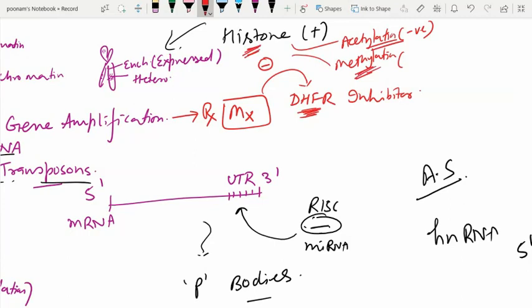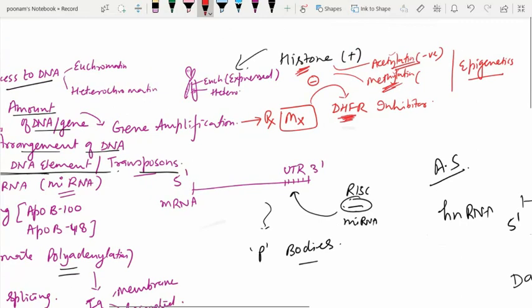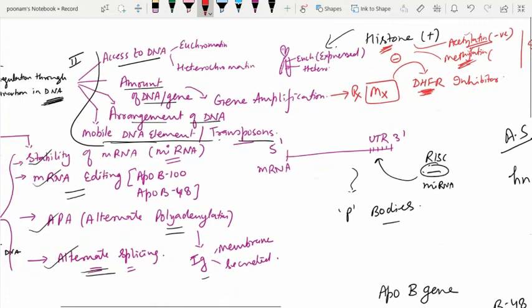So this kind of histone protein modification by acetylation and methylation and its impact on gene expression is called epigenetics. So in eukaryotes, such mechanisms are also involved in regulation of the gene.